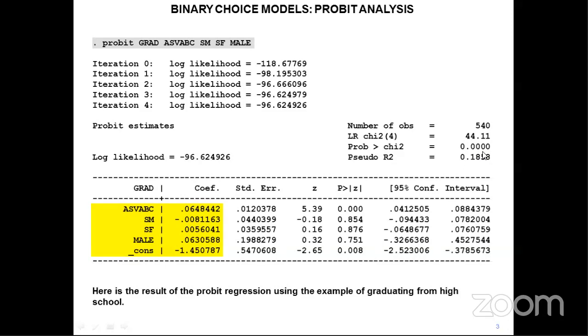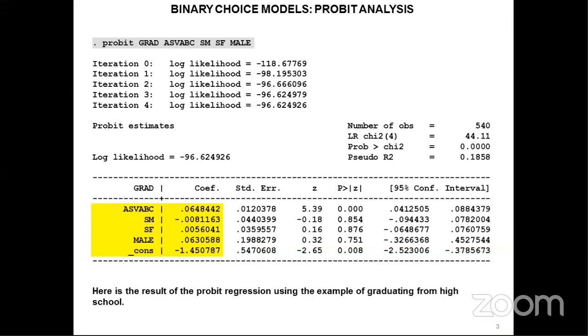That means your model is statistically significant, because you are rejecting the null hypothesis of no difference between the base model and the full model. Hence, based on this log likelihood ratio test, your model is a better model.